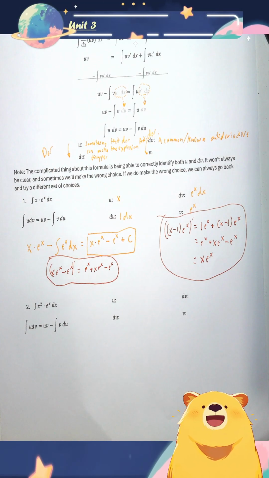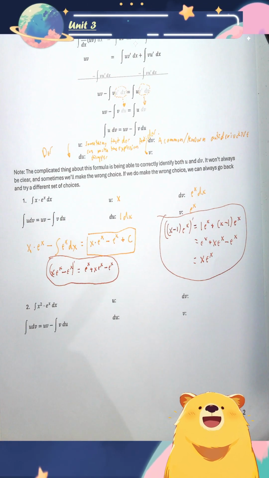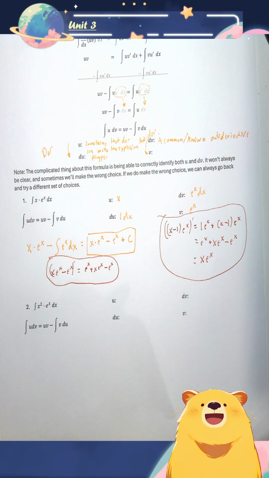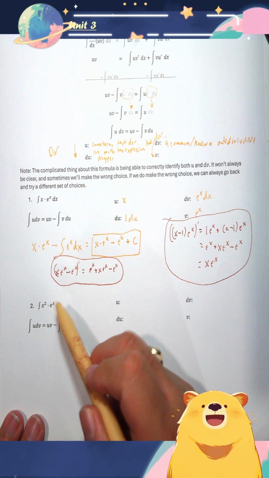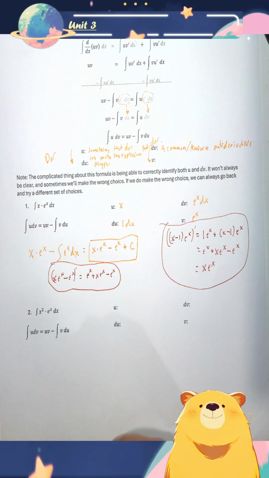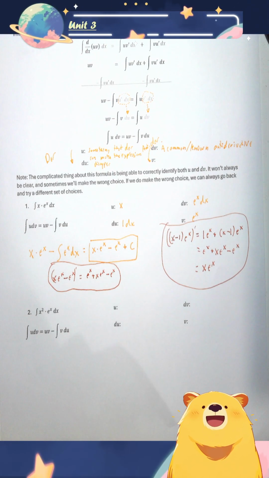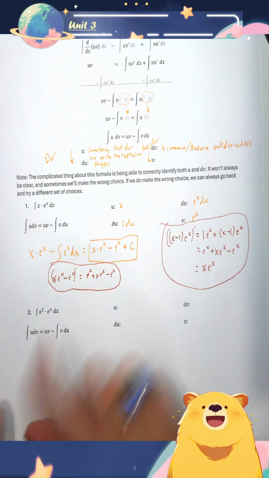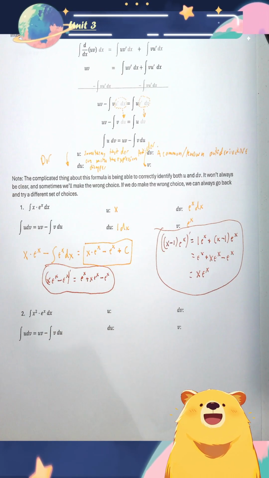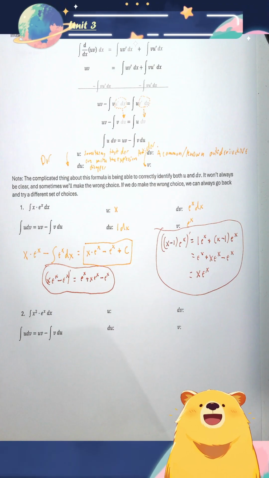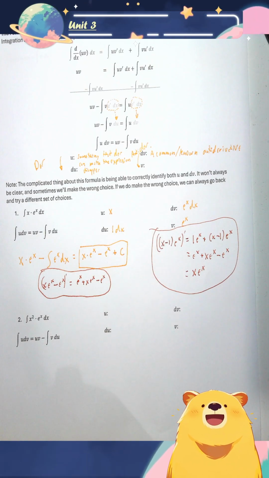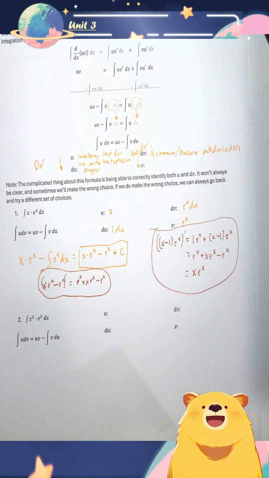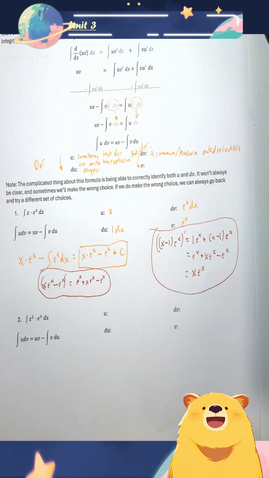All right, let's increase the difficulty slightly and go to number 2. Number 2 reads the integral of x to the power of 2 times e to the x. Here, I have a technical issue: x to the power of 2 does not disappear after one derivative, and e to the x does not disappear after a derivative.